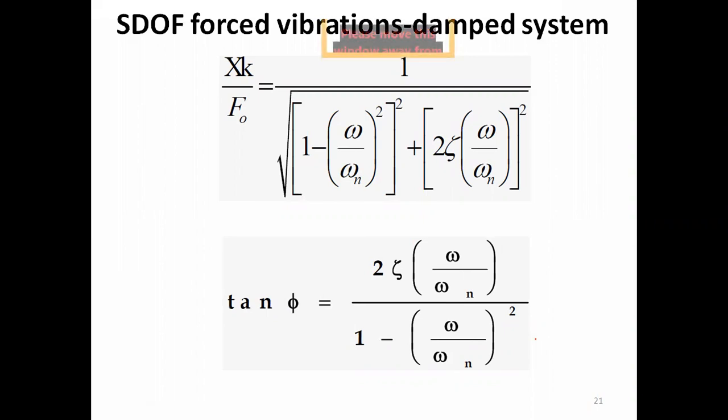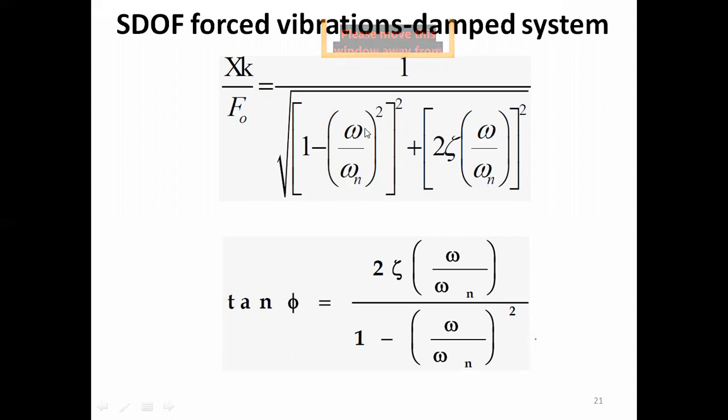Now if you look at the equation, omega by omega n is the ratio of frequencies, and it is known as the frequency ratio, where omega is the frequency of excitation and omega n is the natural frequency of the system. Here again you see the frequency ratio, and zeta is also a ratio.